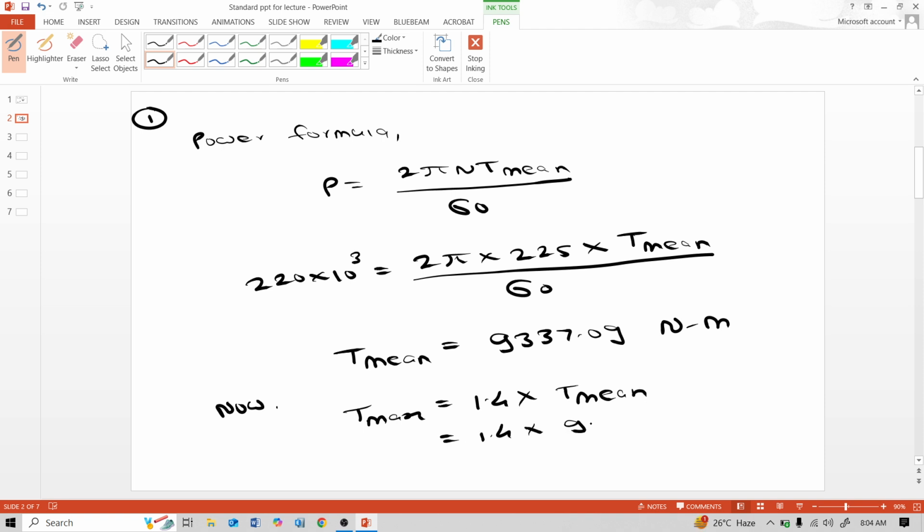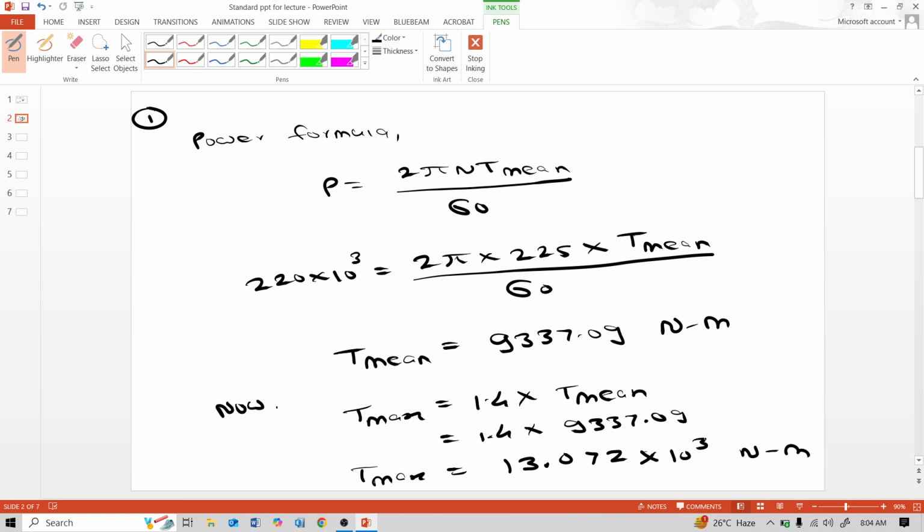This T mean is 9337.09, so 1.4 into 9337.09 is 13.072 into 10 raised to 3 Newton meter.